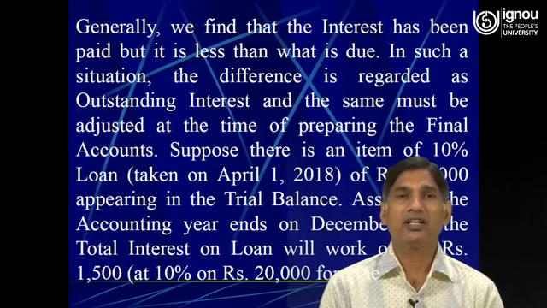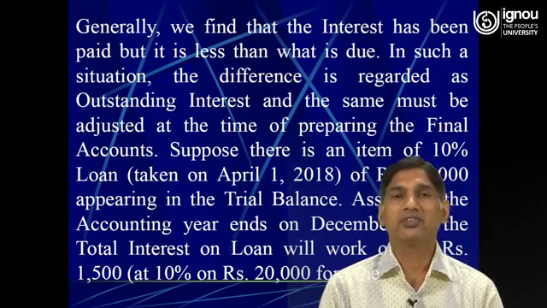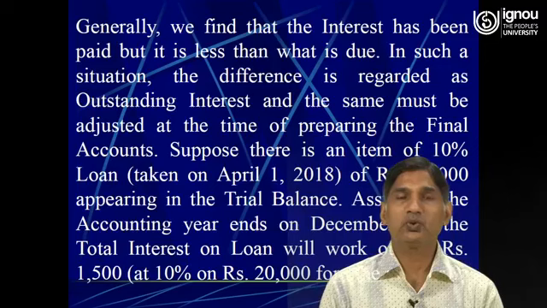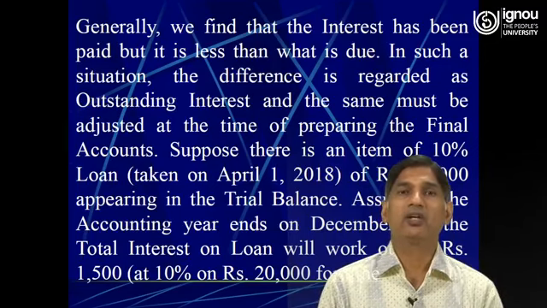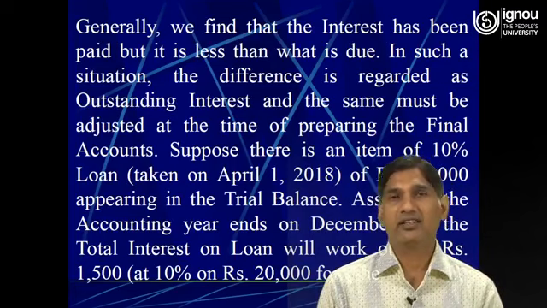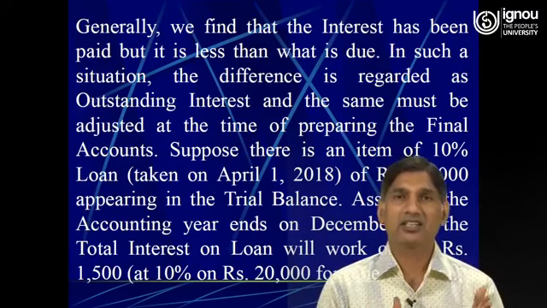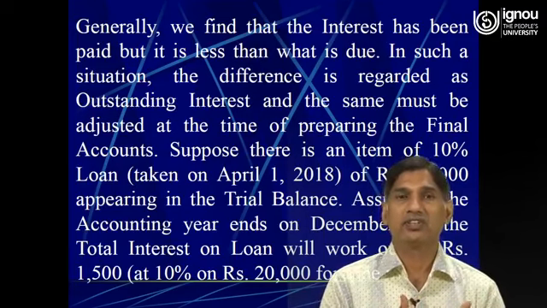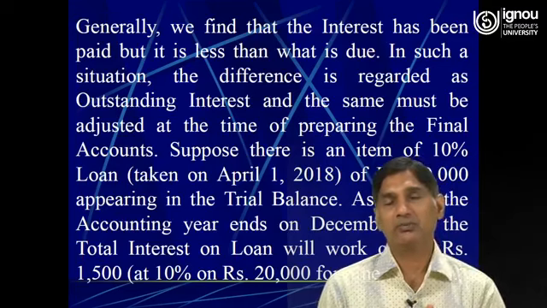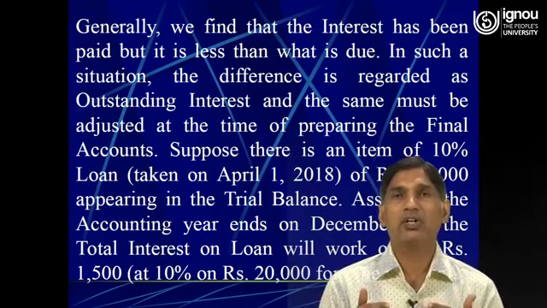The total interest on loan works out as rupees 1500. The loan has been taken on 1st April 2018 and the financial year ends on 31st December. It means the financial year starts from 1st January and comes to an end on 31st December. This is a period of 12 months.